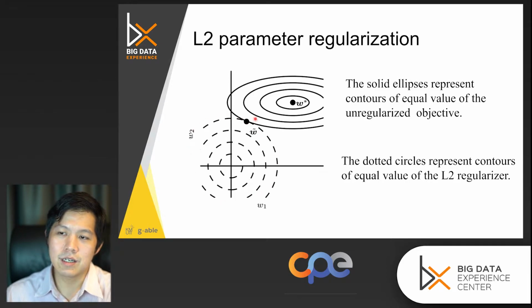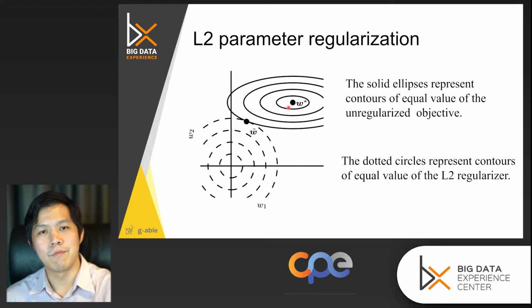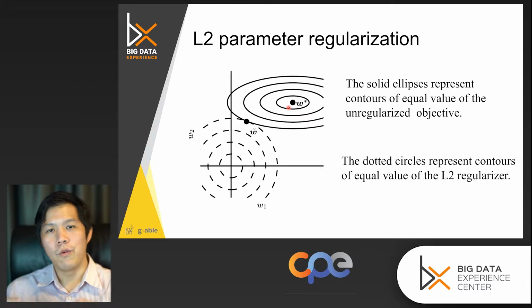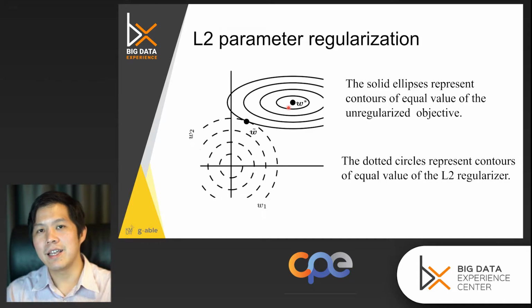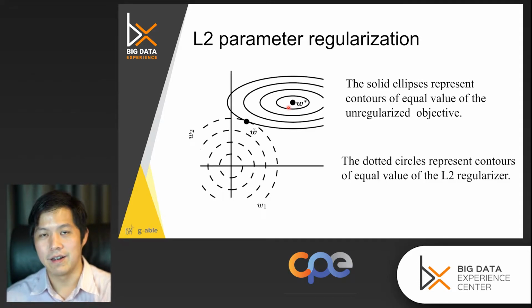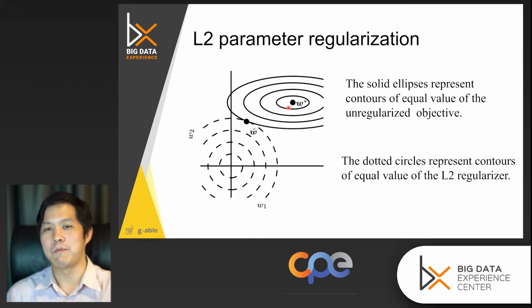Until this circle touches the line from the contour of the error function. When the lines touch, that indicates that two constraints are satisfied. That you satisfy both constraints. This solution satisfies both constraints.